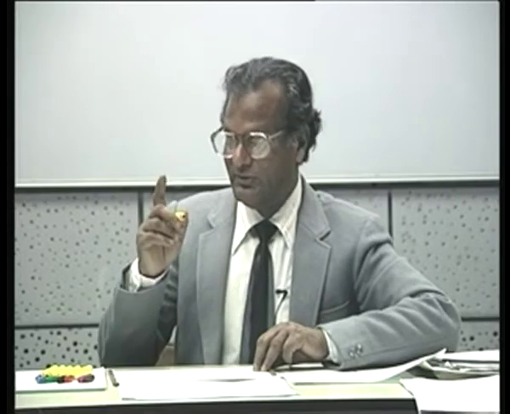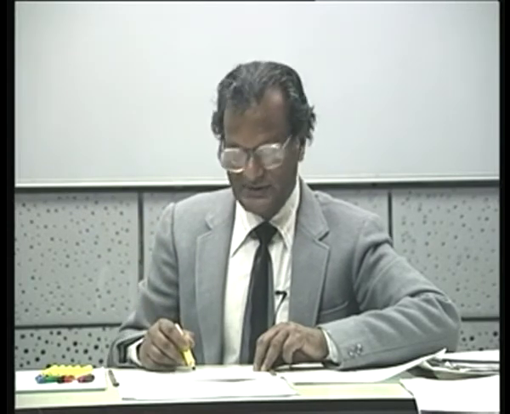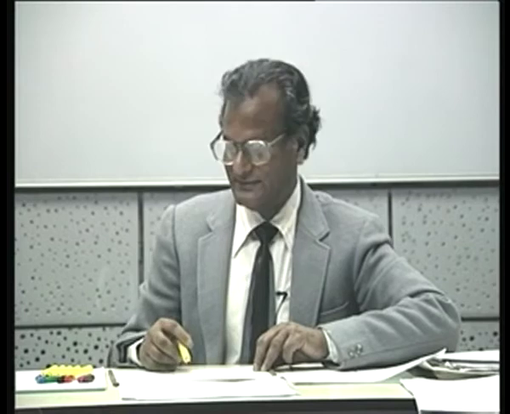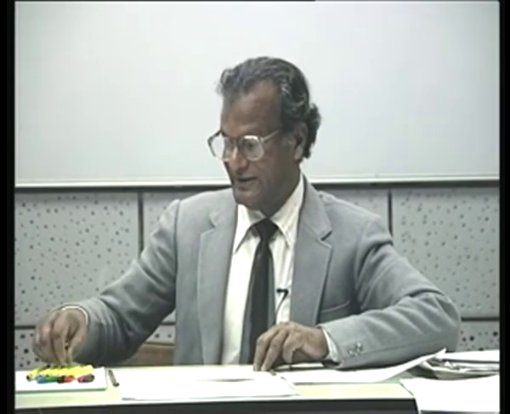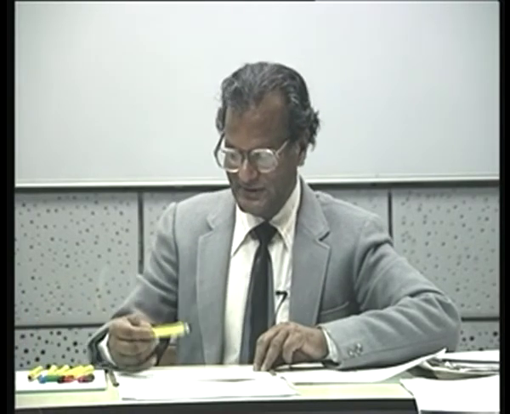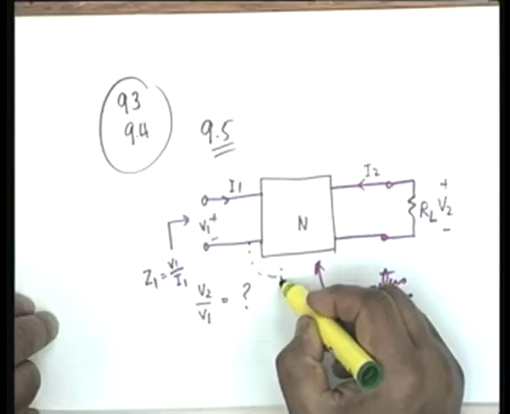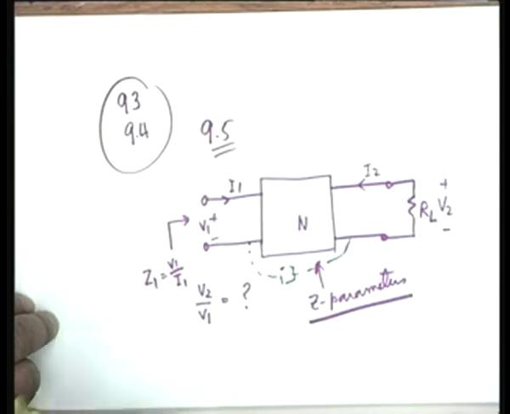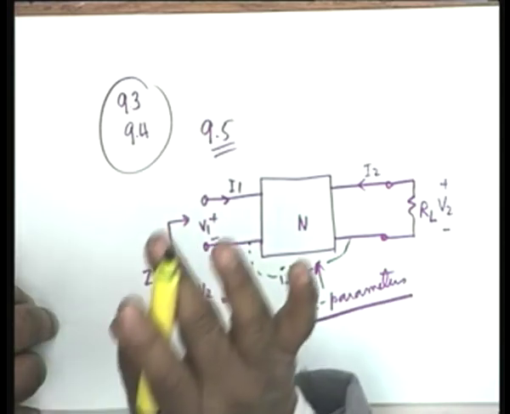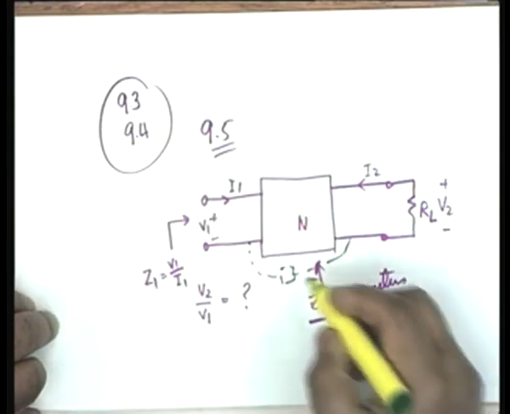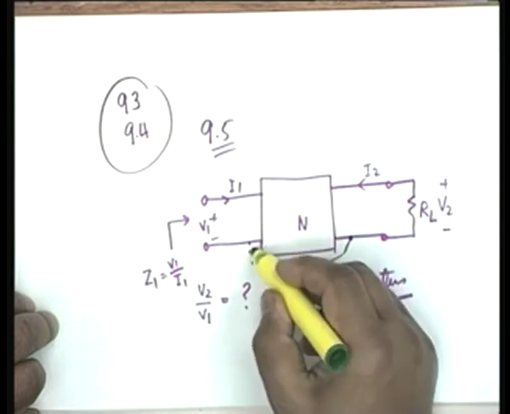Now mind my words very carefully. Suppose the network had a bridging element here. Suppose we had something like this. Also, in addition to this RL, there was a bridging element from here to here.